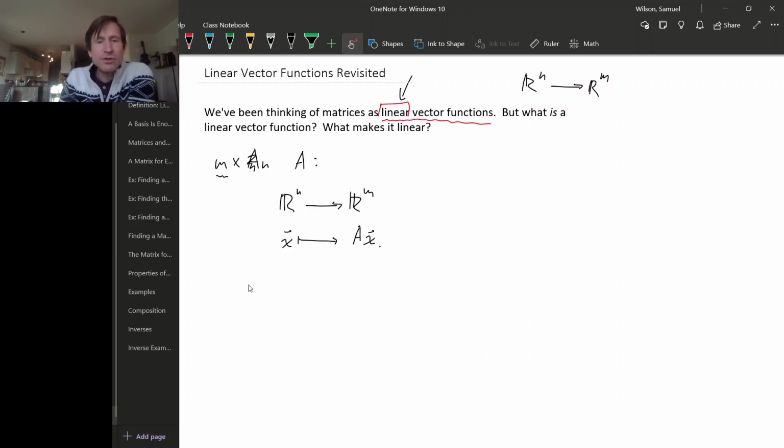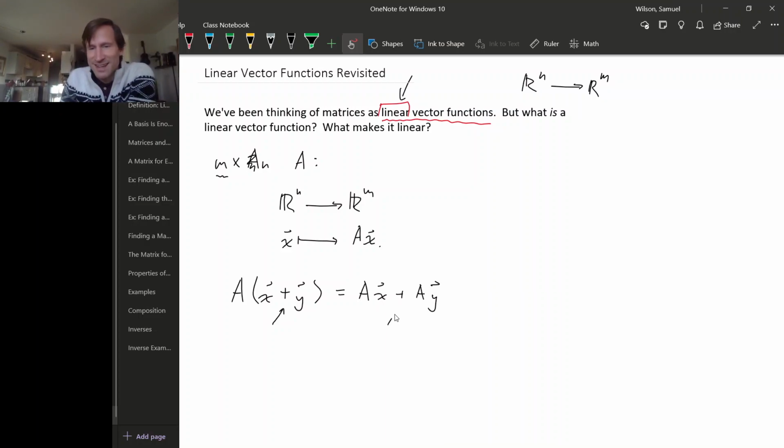Well, if you take two vectors, say x and y, in Rn, and you add them together, this is vector addition in Rn right here. If you multiply on the left by a matrix A, one thing that we know about matrix multiplication is it distributes. So this is the same thing as A times x plus A times y.